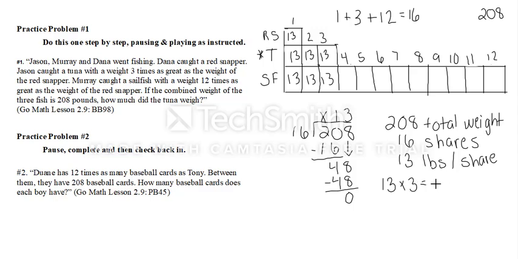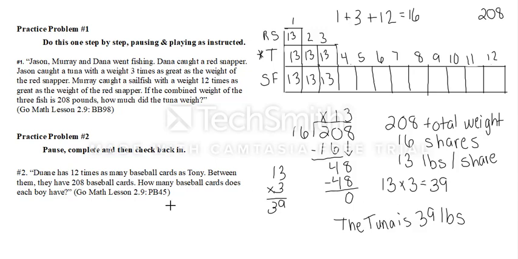So that means the tuna fish would be, and I can do the work to the side. I'll go ahead, do the work to the side, and I get 39. So now after I get that, I'm going to go ahead and say the tuna is 39, and don't forget your pounds. And you can write out pounds or you can do the abbreviation, which is LBS.